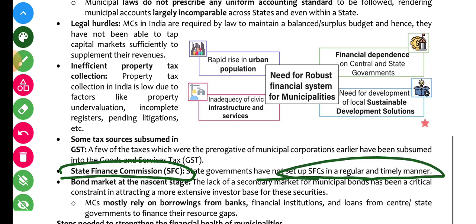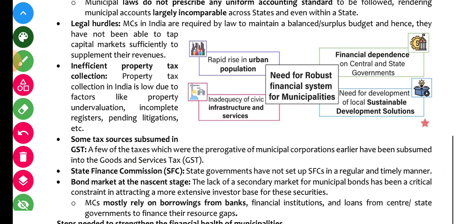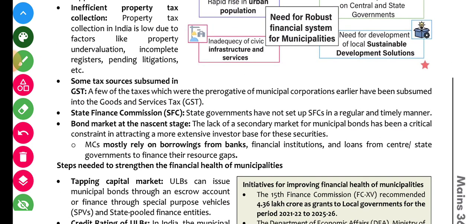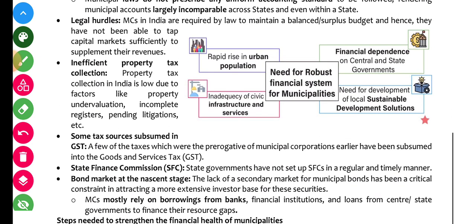So keep this in mind. Okay. Next is the bond market at a nascent stage, so retail investors cannot easily borrow money for buying bonds from the RBI as well as SEBI institutions. Okay, so keep this in mind.